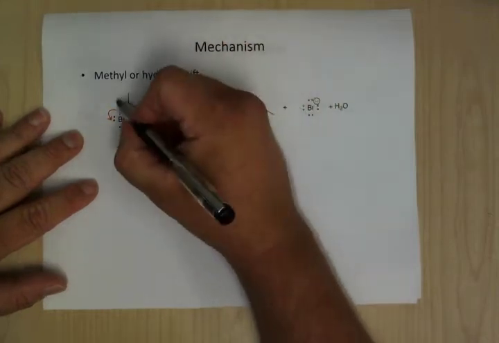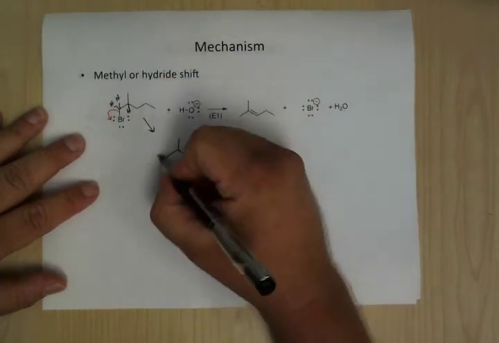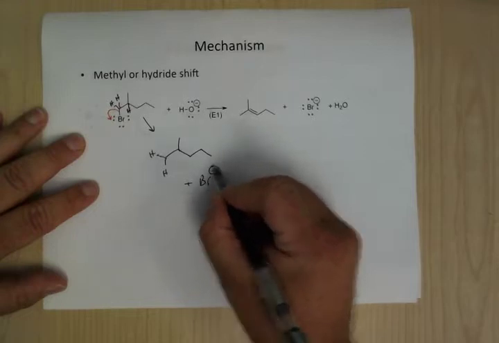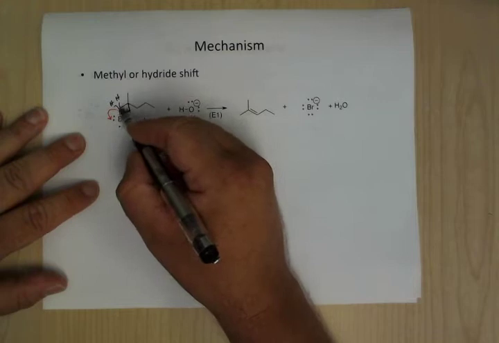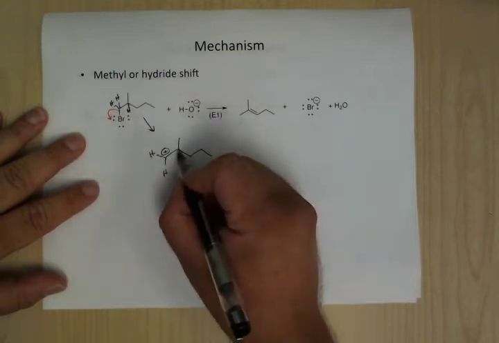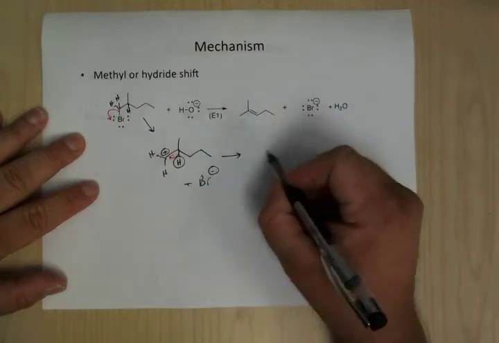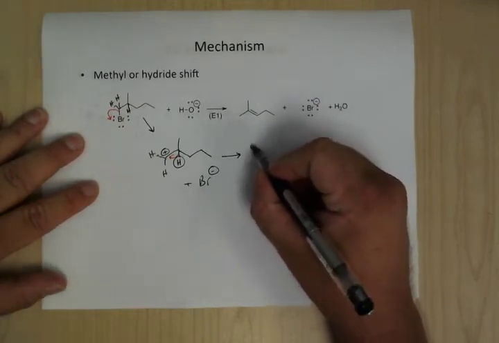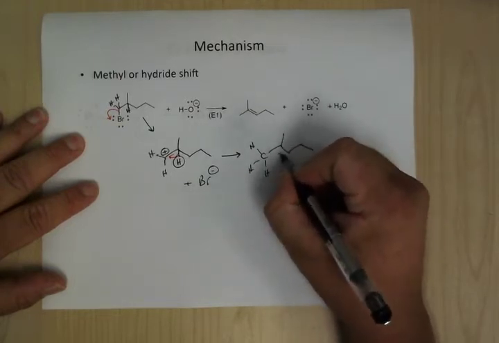It's usually a good idea when you're doing a mechanism to go ahead and draw on those hydrogens on the carbons of interest. So Br minus, and now the carbocation is right there. This carbon only has three on it, so it's got a carbocation. But if we shift this hydrogen over there, we're going to get the carbocation there.